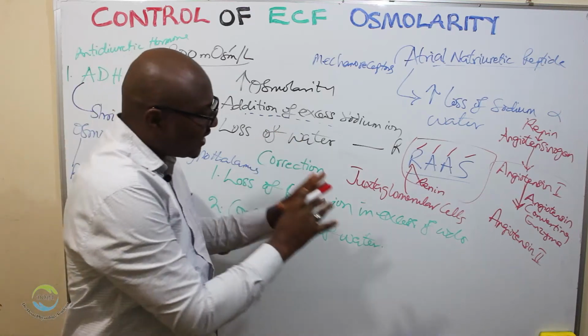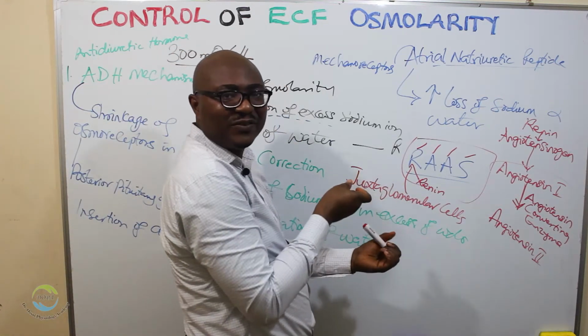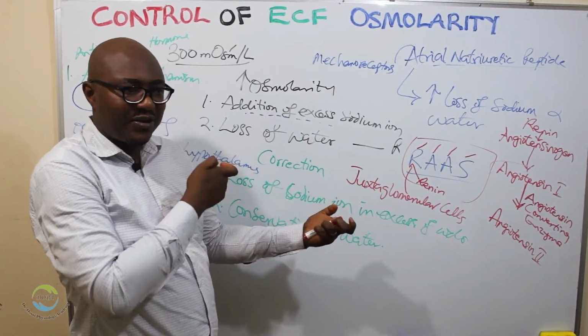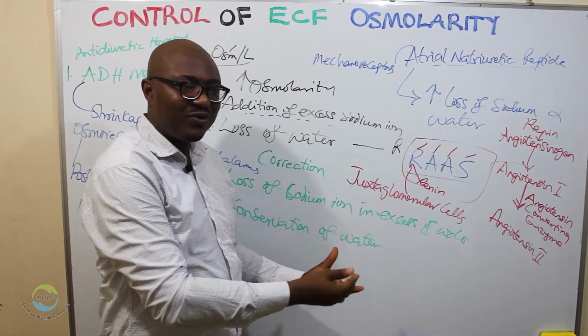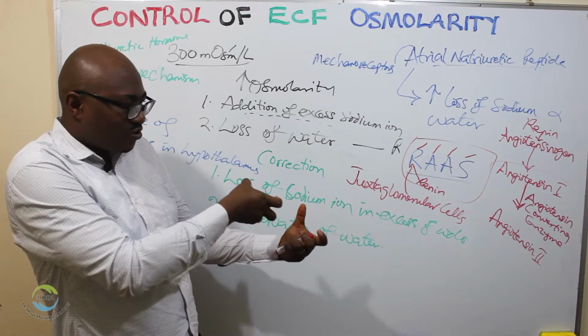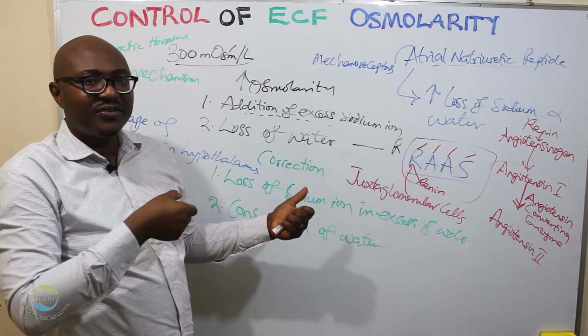From the name angiotensin 2, you see that it constricts the blood vessel. So it immediately solves the problem of blood pressure, because reduced blood flow means there's low blood pressure. So it constricts the vessels immediately, quickly, so that the blood pressure increases.